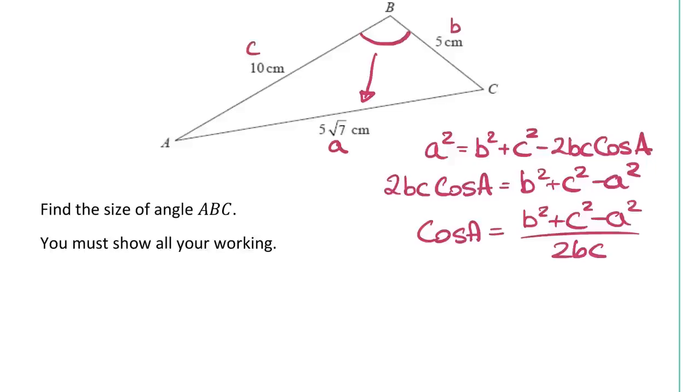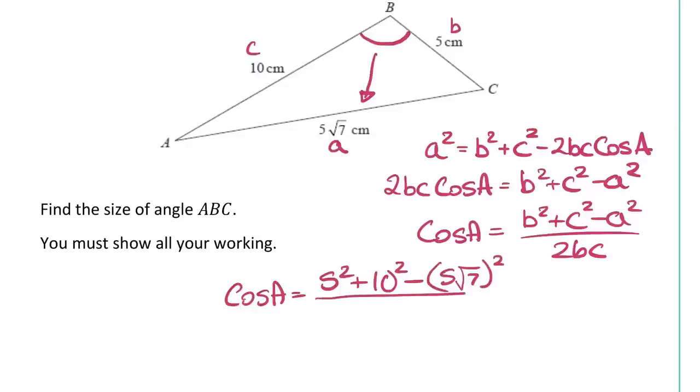So if we plug those into our formula, we have cos A equal to 5 squared plus 10 squared minus (5√7) squared, all over 2 times 5 times 10, with b and c.